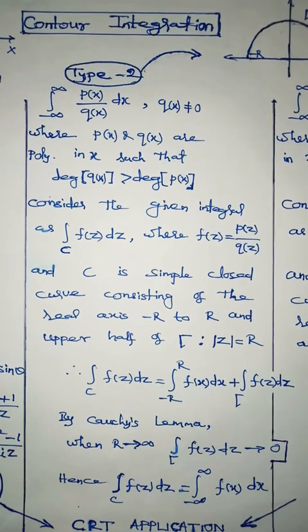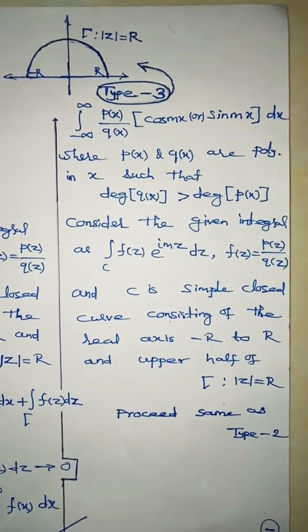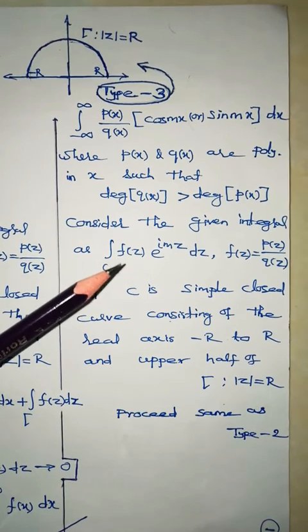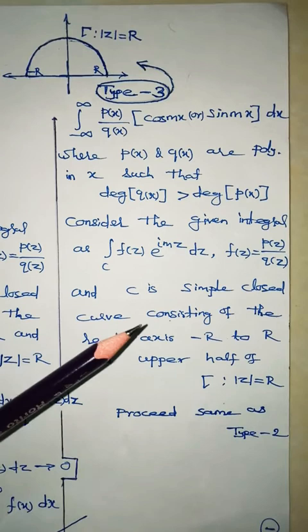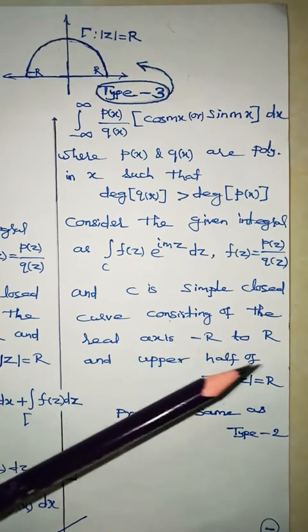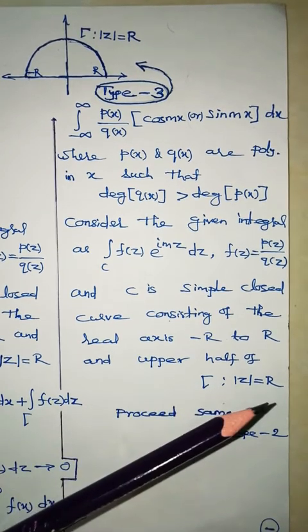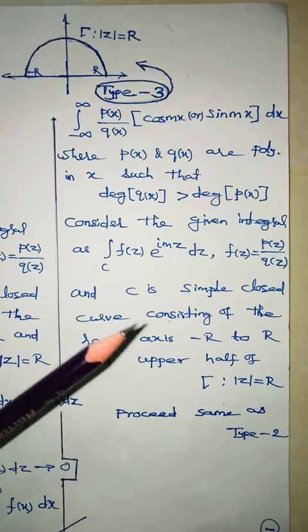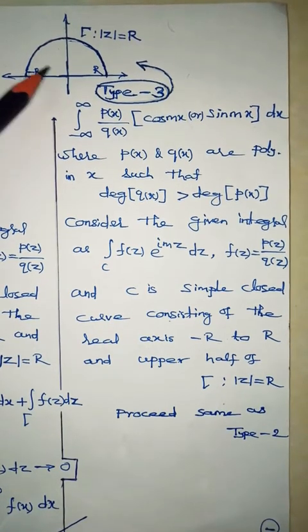Now we'll move to the third type. Type 3. Again, in type 3 also, C is the same: a simple closed curve consisting of the real axis from minus R to plus R and the upper half of the semicircle, modulus of z equal to capital R. So in type 2 and type 3, your C is this semicircle.